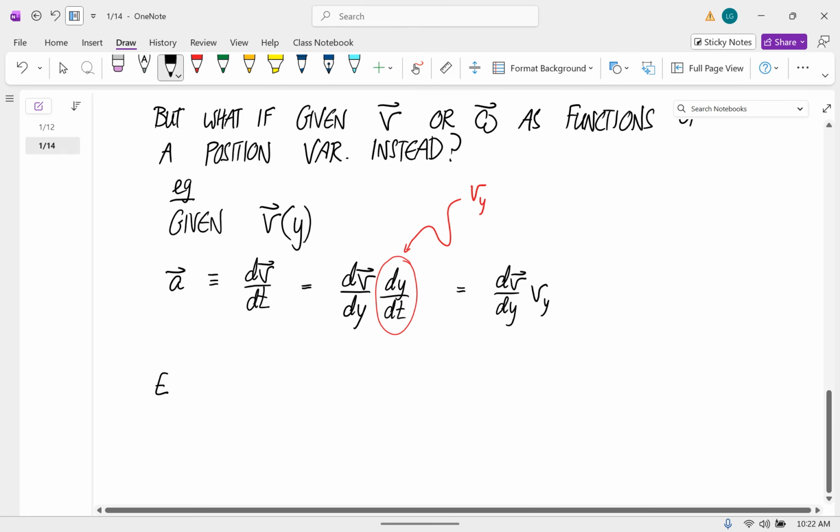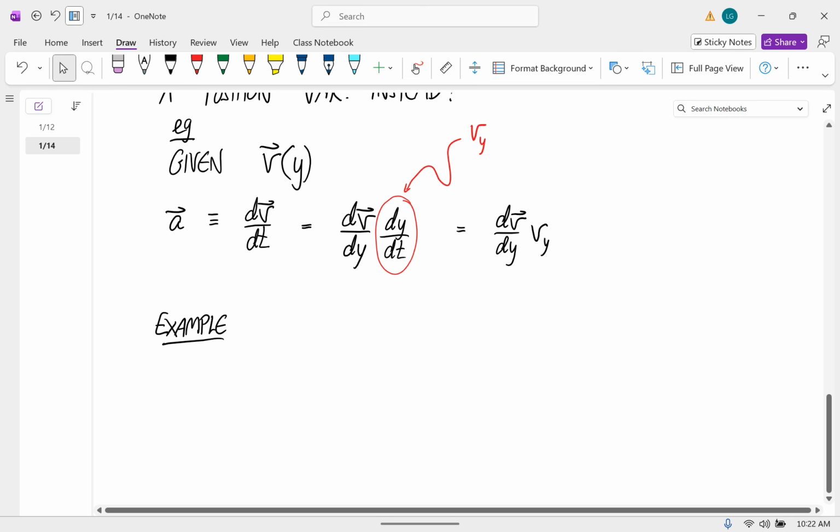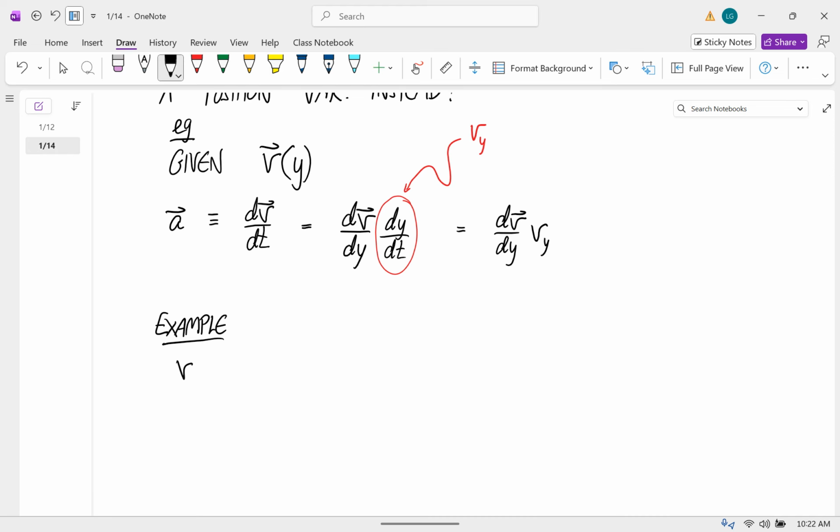Let me do an example of that. This isn't something you really have to know yet. We'll spend more time on it later, but let's say that we're given that the velocity vector is a function of y, and that function is (-2y, y, -y²), like due to some crazy potential energy field, force field.